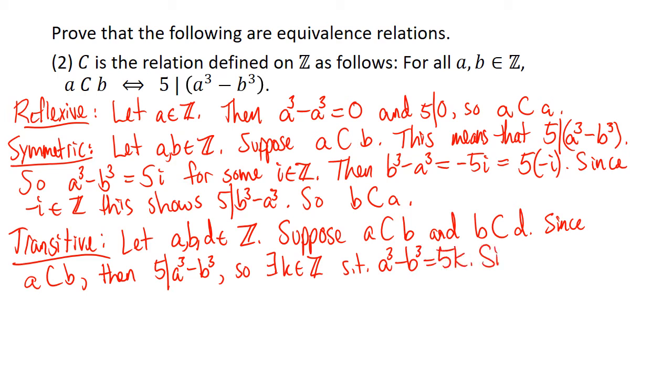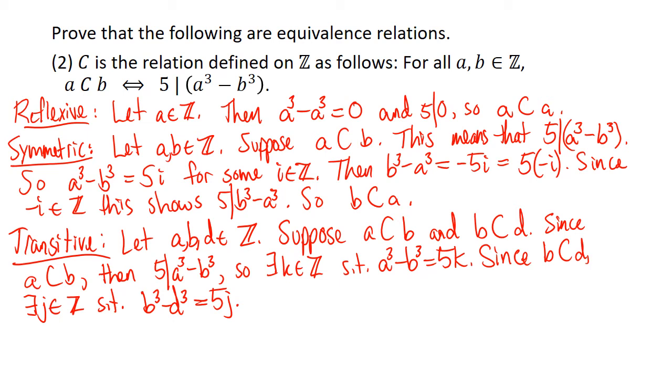And then I'll do the same thing for the relationship between B and D. So since B is related to D by C, there exists some integer, which I'll just call j, I guess, such that B cubed minus D cubed equals 5 times j. Okay, so that's what it means to be divisible by 5.